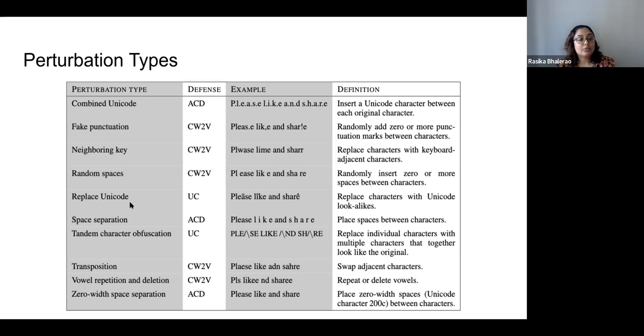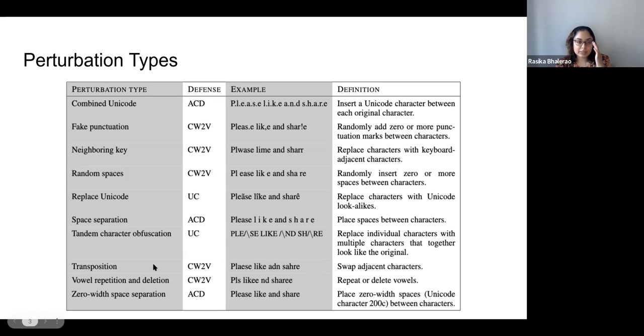There's also replace Unicode, where characters are replaced with Unicode characters that look like them. So to a human, we can see it says please, like, and share, but a computer will say, oh, the E is different from E with the hat, so it looks different. Similar to replace Unicode is tandem character obfuscation, where a character is replaced with multiple characters that together look like the original character. So in all caps, please, like, and share, but the A's are replaced with //, and so a human can kind of read that, but to a computer it looks different.